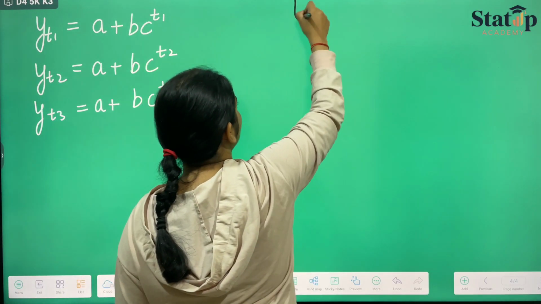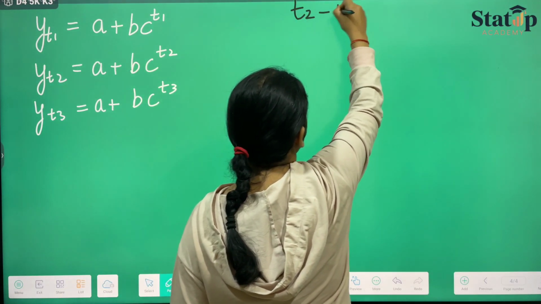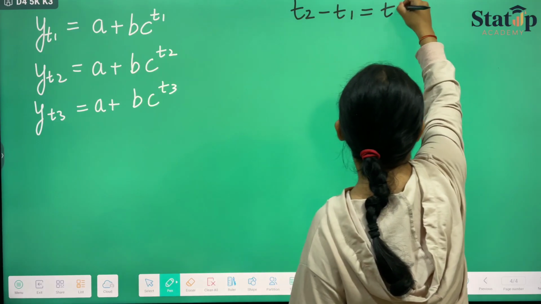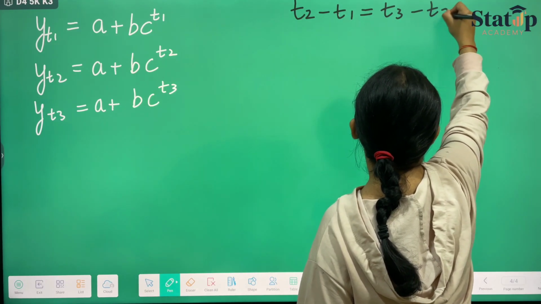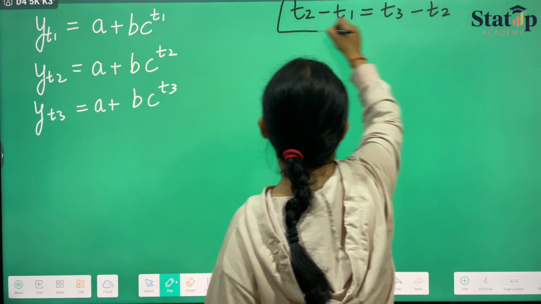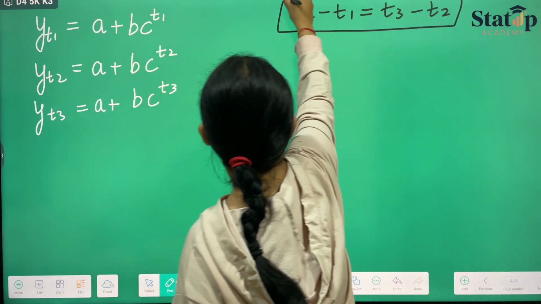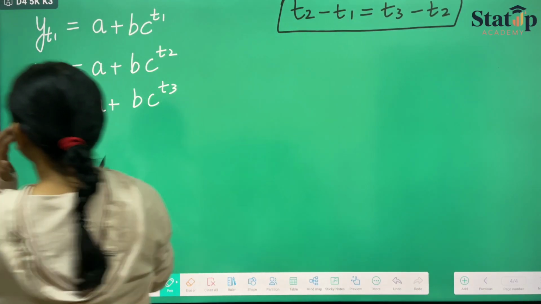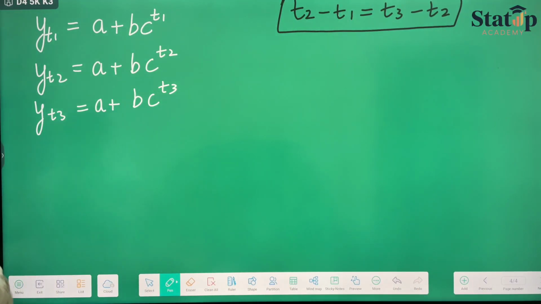Since the points are equidistant, t2 minus t1 should be equal to t3 minus t2. This is the property of equidistant points. So we have got three equations, so we'll subtract.